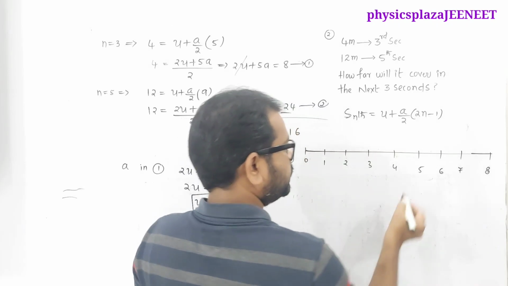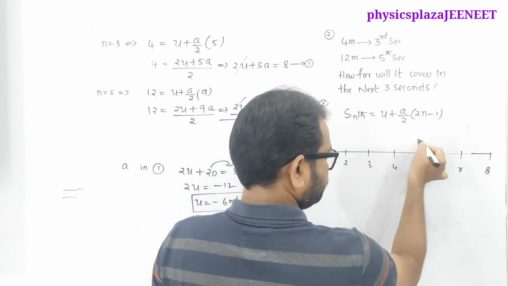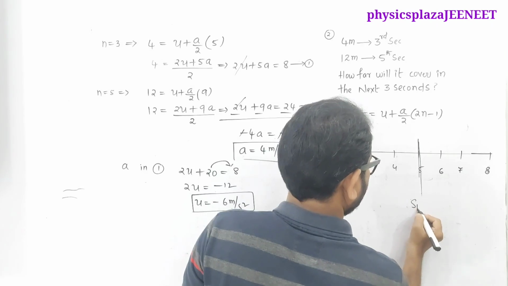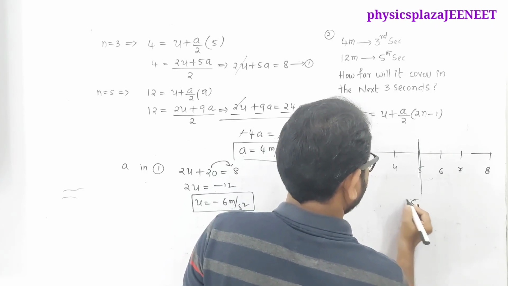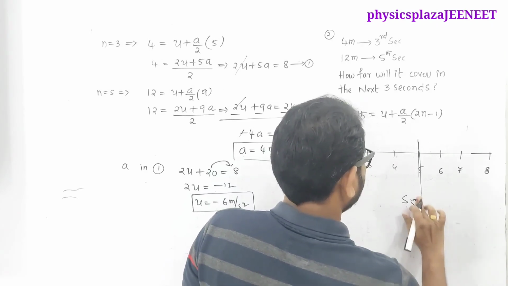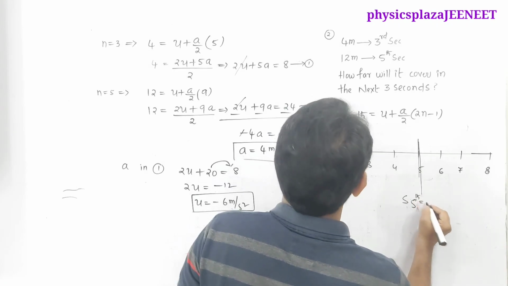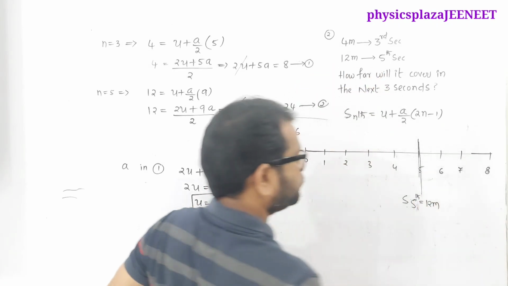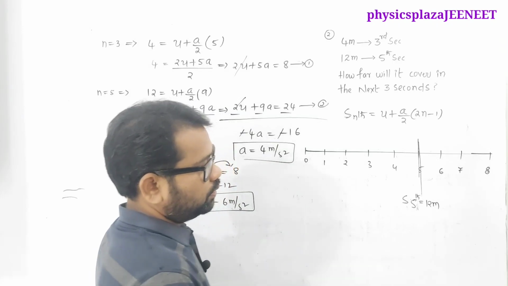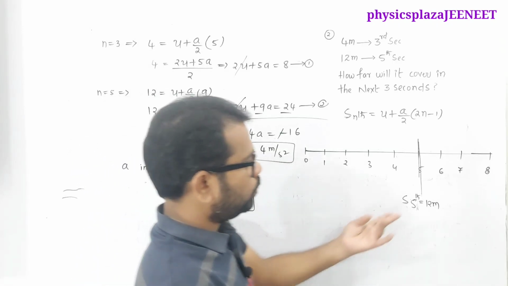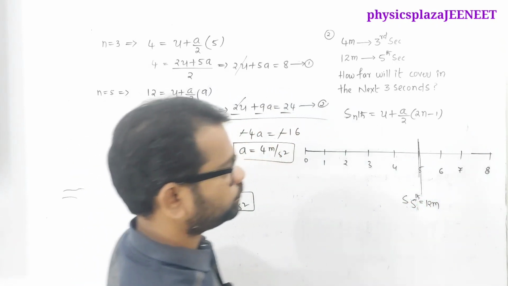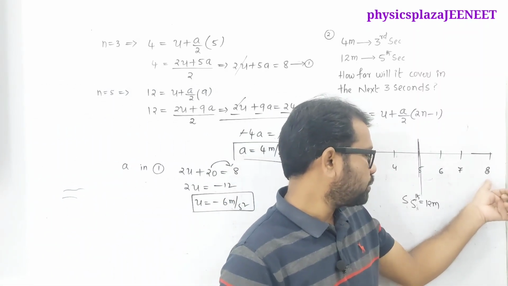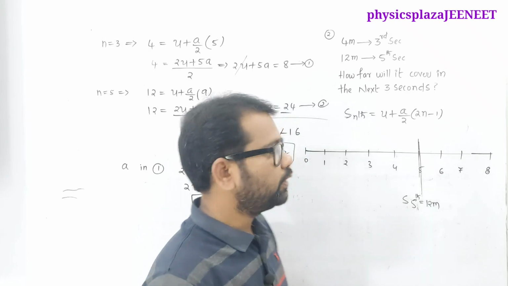Distance covered in the 5th second is given as 12 meters. But we don't know the 8th second. You may wonder, sir, can we do distance covered in 8th second minus 5th second? No, you can't do like that.